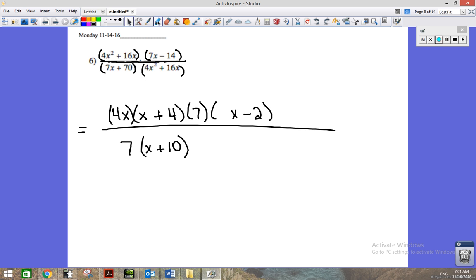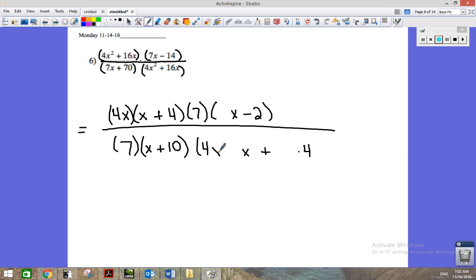And again, we can do the same thing to this other binomial. We can rewrite 4x squared as 4x times x, and we can rewrite 16x as 4x times 4. And we see that 4x and 4x are common to both terms. So we can remove what's common to both terms if we write that common factor out in front of the binomial.